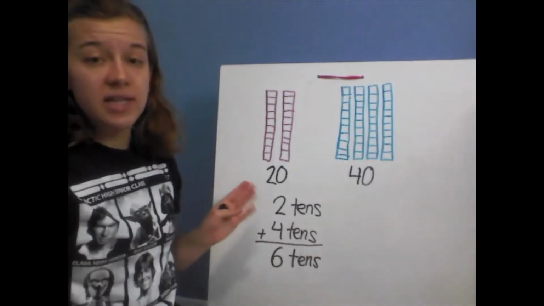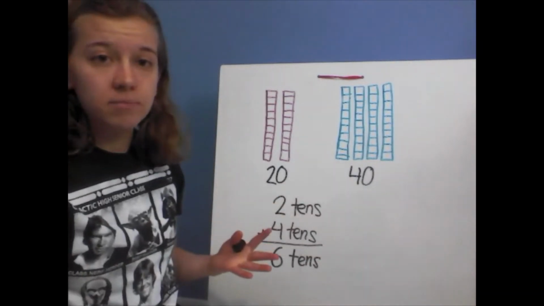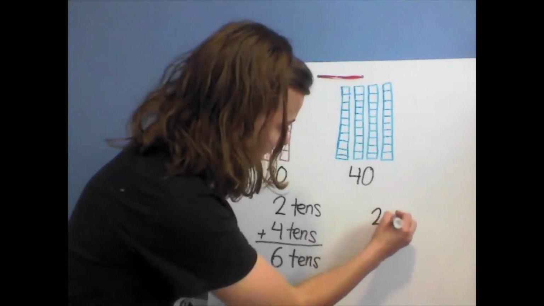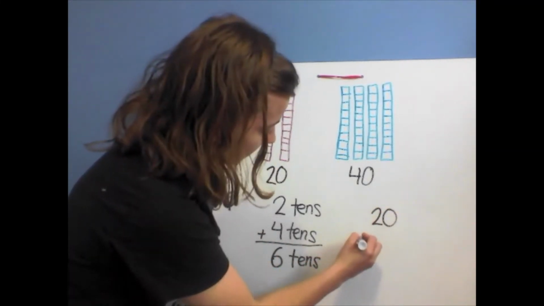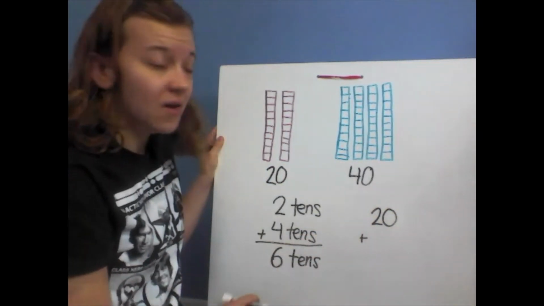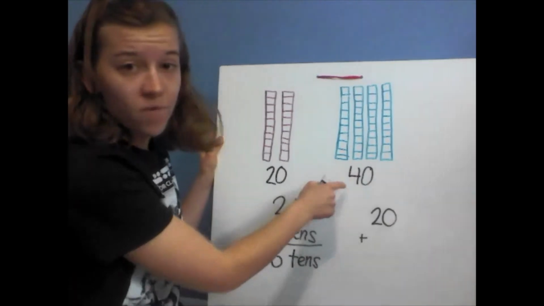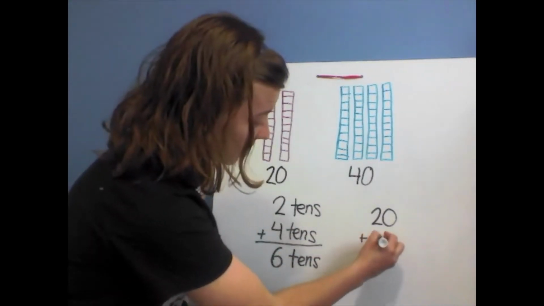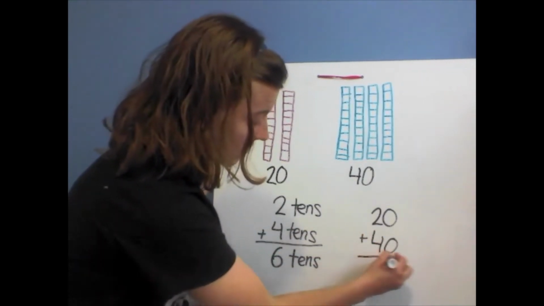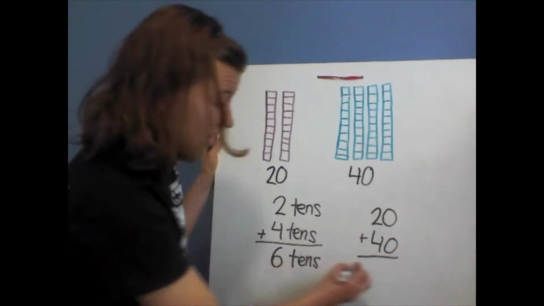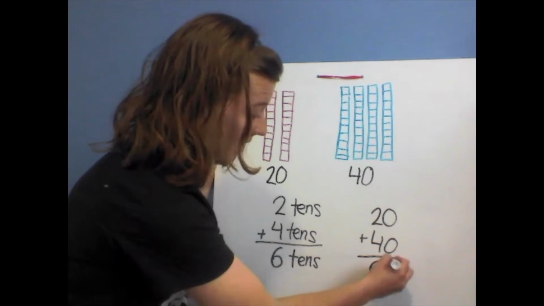Another way to write this, because two 10s equals what? 20, right? So another way to write this would be 20 plus four 10s, which also equals 40. So we can do 20 plus 40 equals six 10s, which is 60.